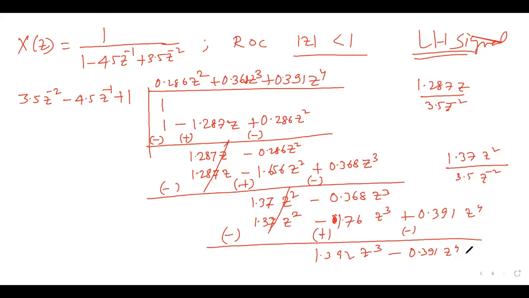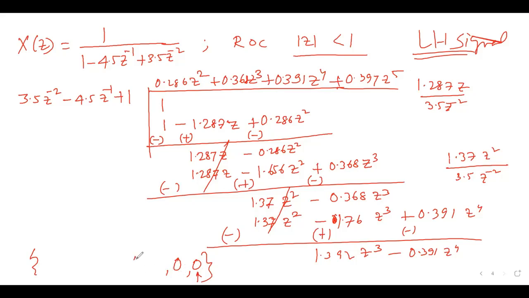Now, what do we divide by? The last term is 0.391 Z cube. So what are the samples? You have to write for the origin: there is no Z to the power 0, so it is 0, and there is no Z to the power 1, so it is also 0.